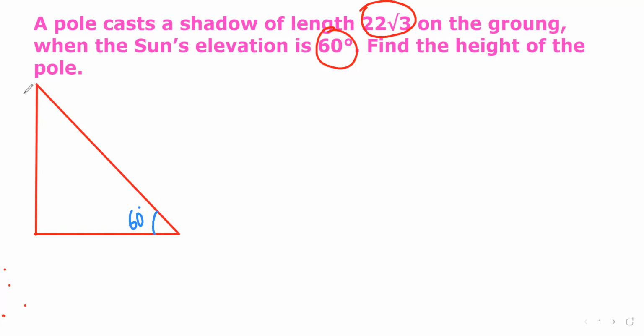Now A, B, C, so triangle ABC is here. AB is taken as the height, and the shadow is 22√3, in meters.